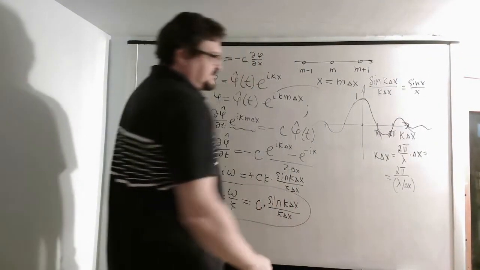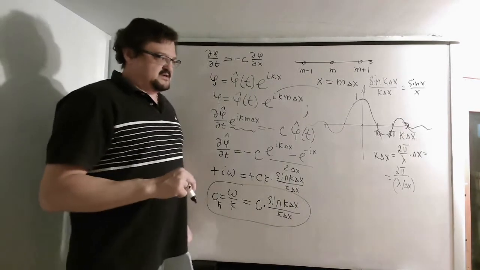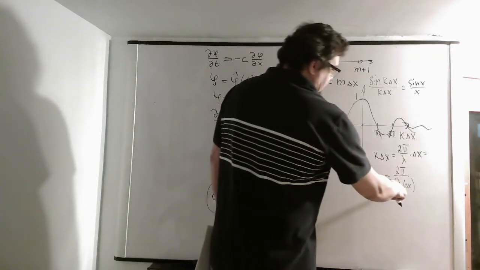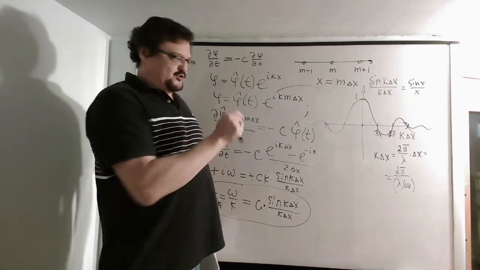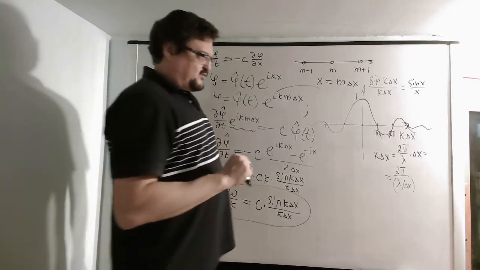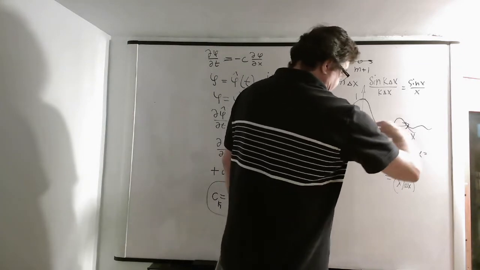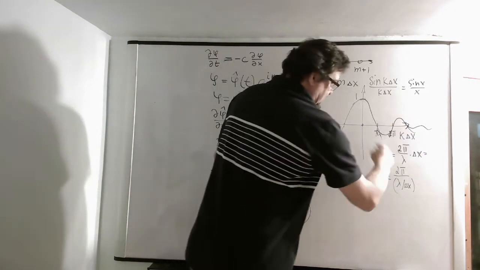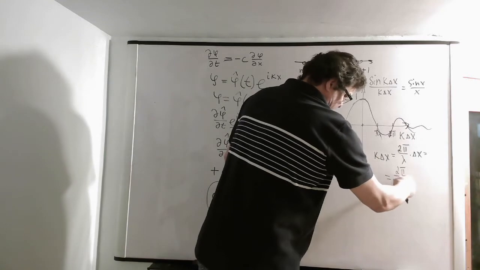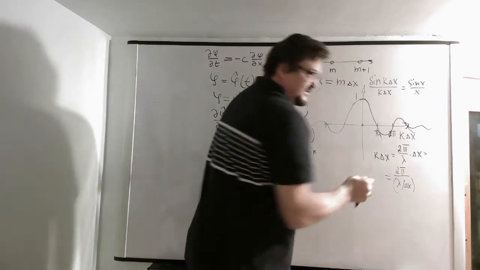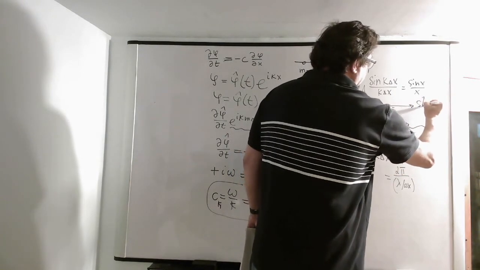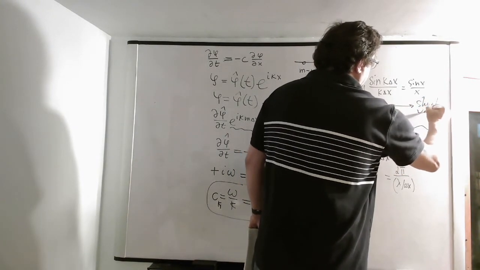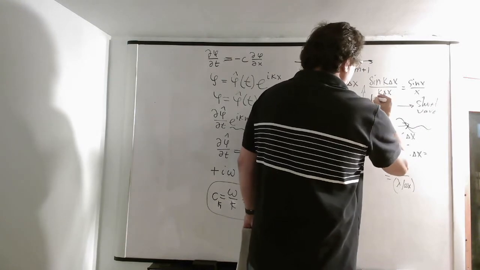So k delta x is of course a non-dimensional thing. So lambda divided by delta x is how many delta x's you have in your lambda. So when k is large, it means that this term is small, it means that it's short waves. So here are short waves and here are long waves.